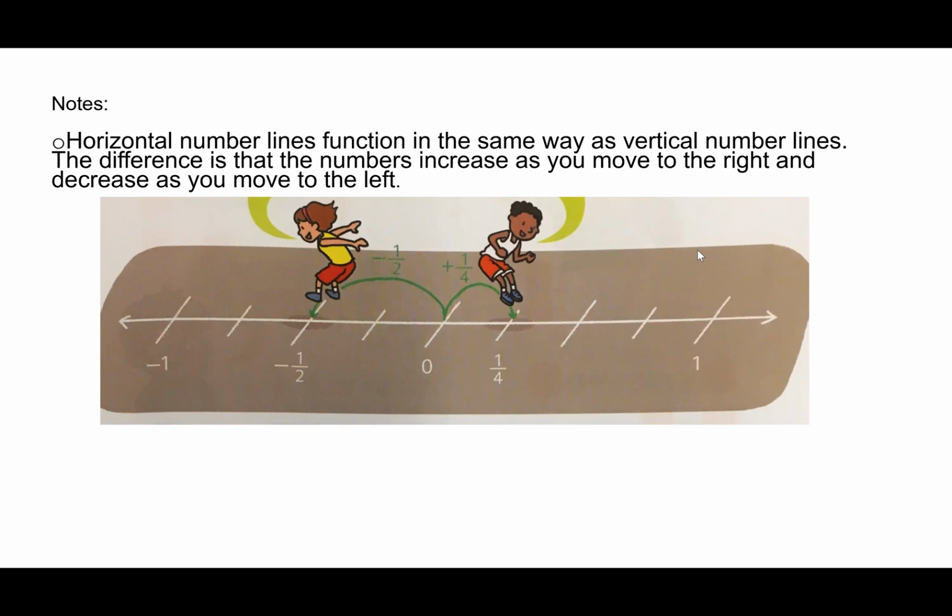But vertical number lines, especially when we're talking about negatives, can be super helpful because we think of negatives as going down. And the application for negatives are sometimes like below sea level, or things like that where we're comparing to a higher point. And so that's why a vertical number line can be helpful, particularly when we're talking about negatives, but pretty much the rest of the time, they're always horizontal.